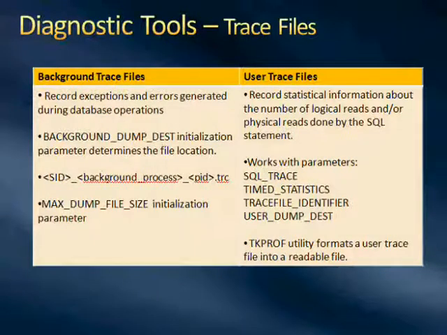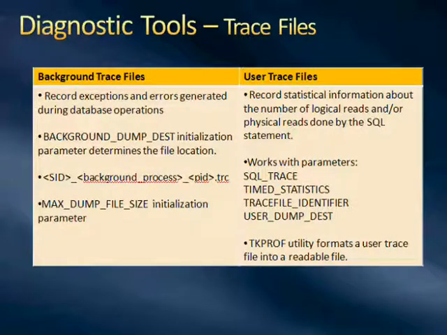The first one is SQL trace. If you set this parameter to the true value, it enables SQL tracing. The other parameter is timed statistics. Again, if you set this parameter to true, that enables timing information.